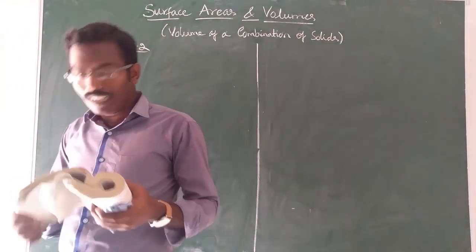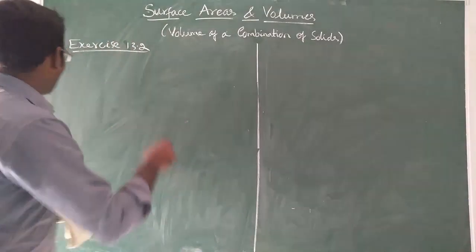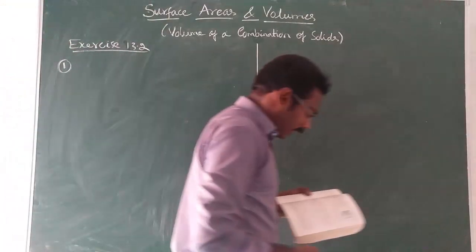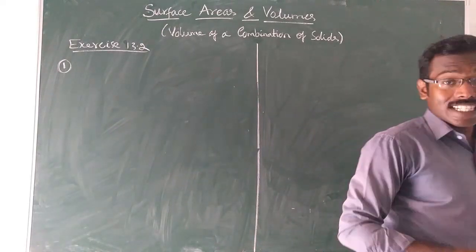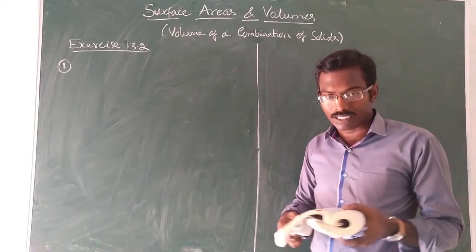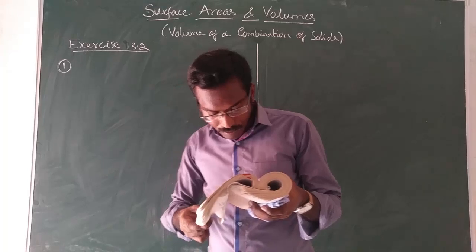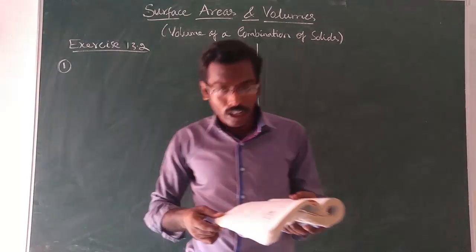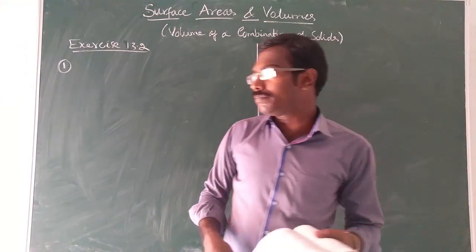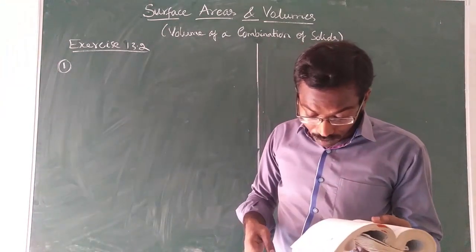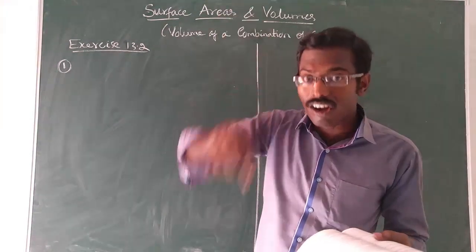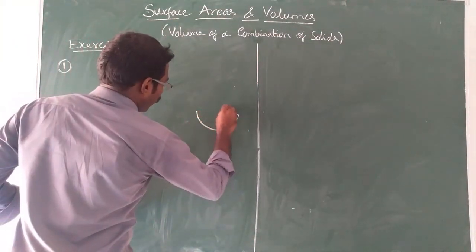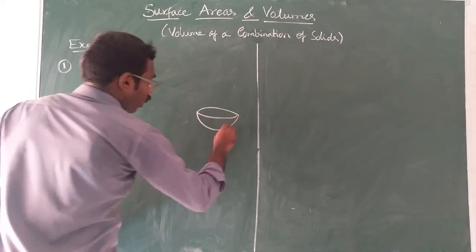Take your page number 247, exercise 13.2, first sum, a very easy one. Let me read it out. A solid is in the shape of a cone standing on a hemisphere. On means above.